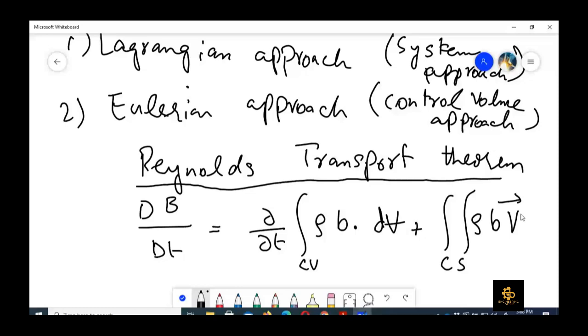Here B is the extensive property which depends upon the mass of the system, and b is the intensive property which is independent of the mass of the system, right?